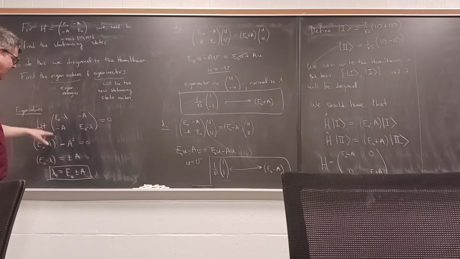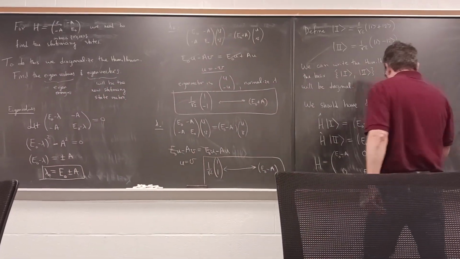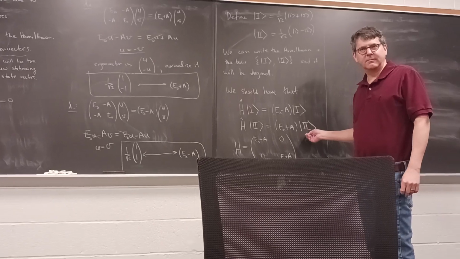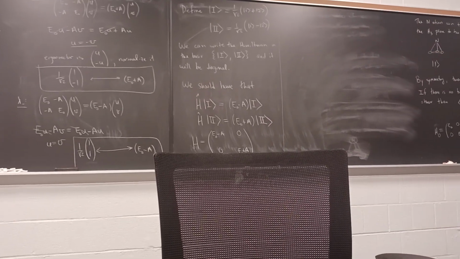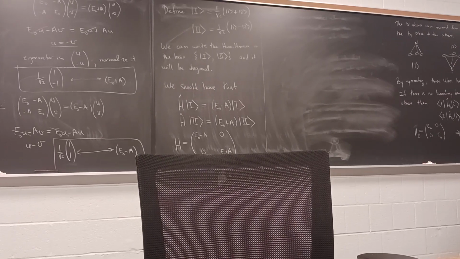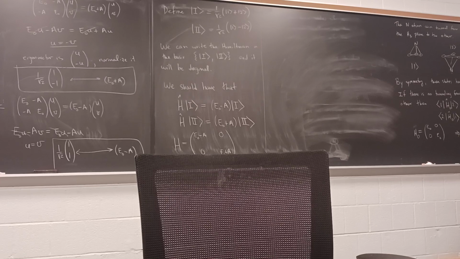Then you want to find the eigenvectors and eigenvalues so you can find the stationary states. So these are the new stationary states. Are there any questions before I do the time dependence?